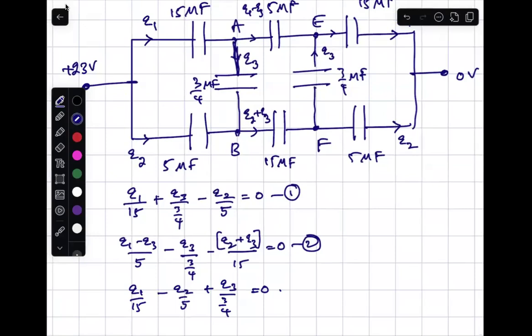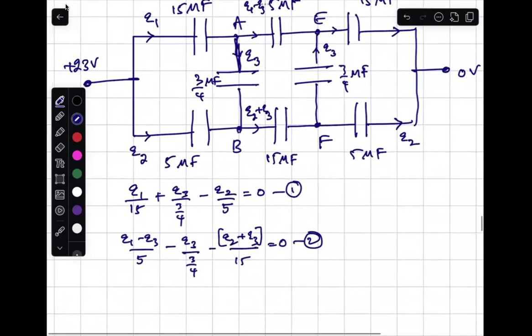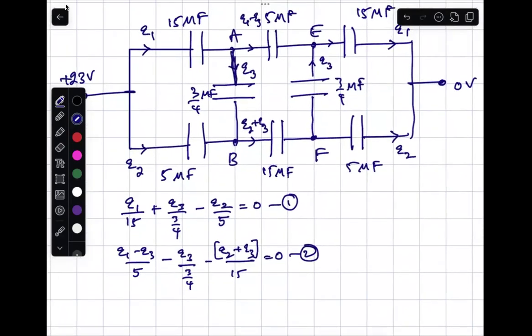Got three equations. But the problem is, the first equation and the last equation are the same. So it won't be useful for you at all. I require one more equation. Tell me, how can I manage this?